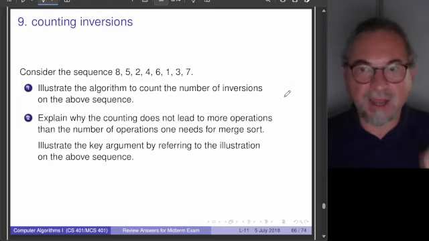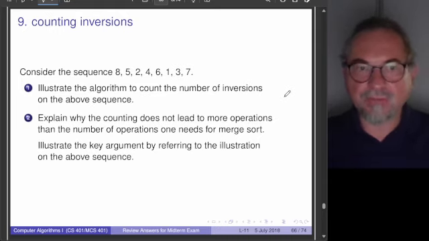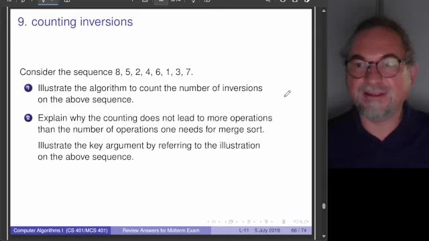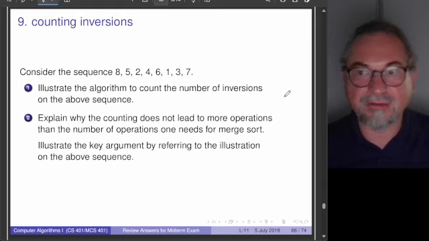Now, the algorithm to count the inversions is a variation of merge sort. And you have to explain why counting the inversions works, and if you have to implement your own merge sort, you may just as well return the inversion count, which says how much work merge sort really did.